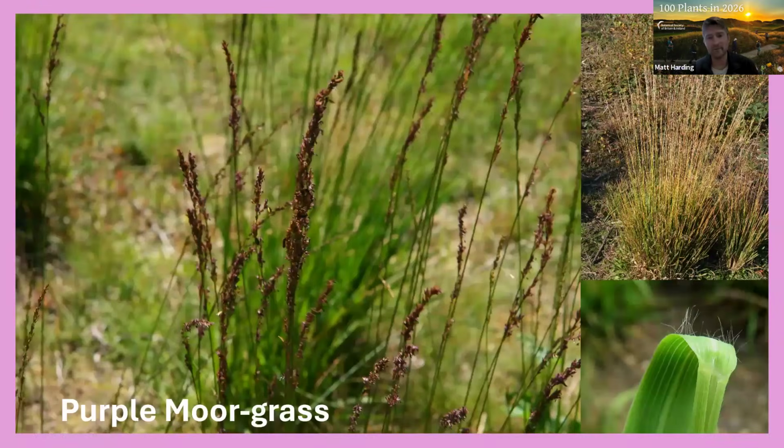My final wet heath plant is this guy, purple moor grass. This is a big, tall, robust grass that forms big tussocks. And if you've ever been walking off a path in a wet heath area with lots of purple moor grass, you'll know how challenging and painful it can be because the tussocks are unstable and difficult to walk through.